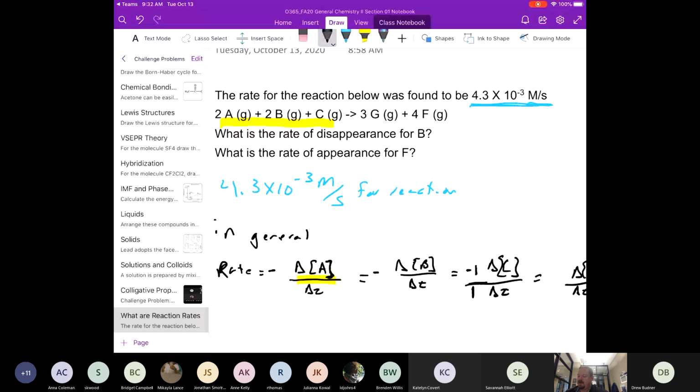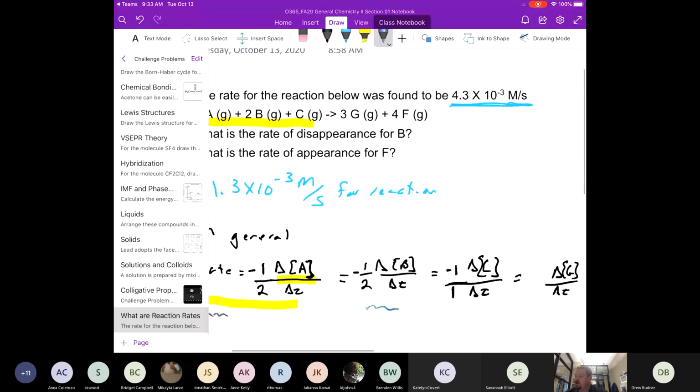If we look at A then, for every 1 time the reaction occurs, we get 2 moles of A that changes. So this would be a 1/2 in front. Same thing with the B. So we can describe this rate then as being any one of these values.